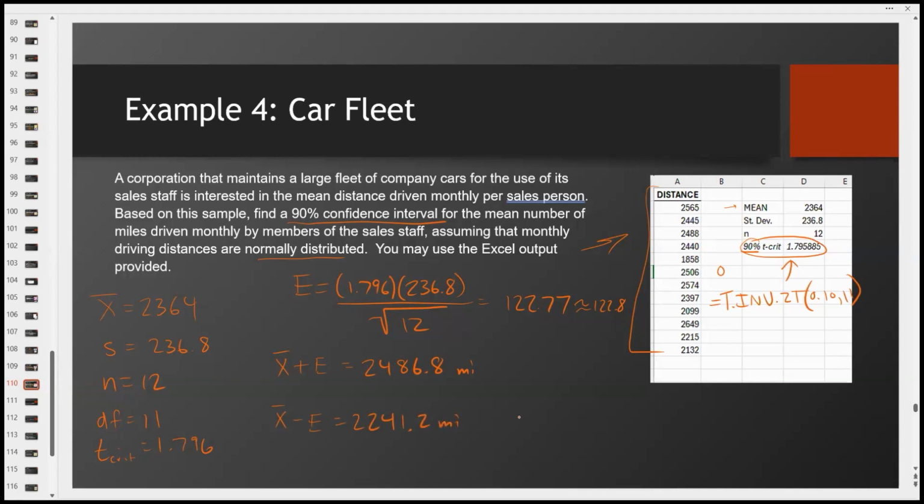And so we can be 90% confident that the mean travel distance for the cars in this fleet is going to be between 2,241.2 miles and 2,486.8 miles. Next week, we will talk about how to solve similar problems when you have proportions rather than means.